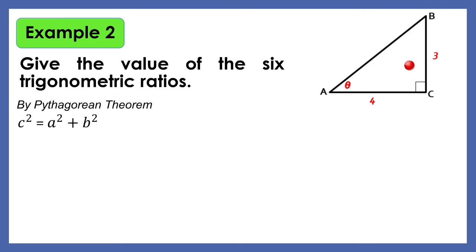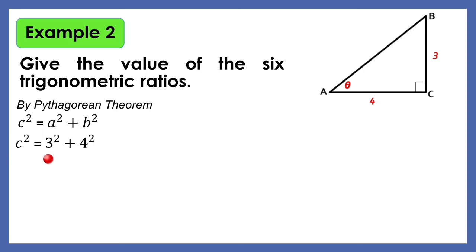Okay, so A ito. Ang ating side is side A. And then B, this is side B. So, A squared plus B squared. Substitute natin yung values ng side A at saka side B. We have C squared equals, ang A is 3, so we have 3 squared plus, ang B is 4, we have 4 squared.